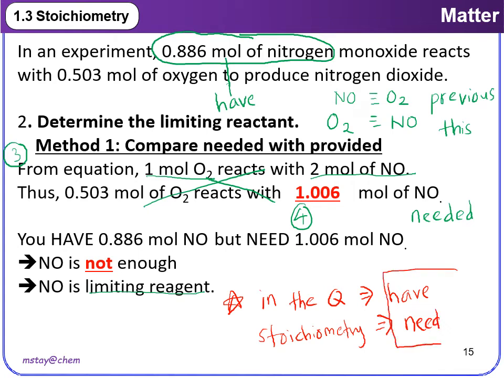Always compare what you have and what you need to identify enough or not. If enough, it is excess. If not enough, it is the limiting reactant.